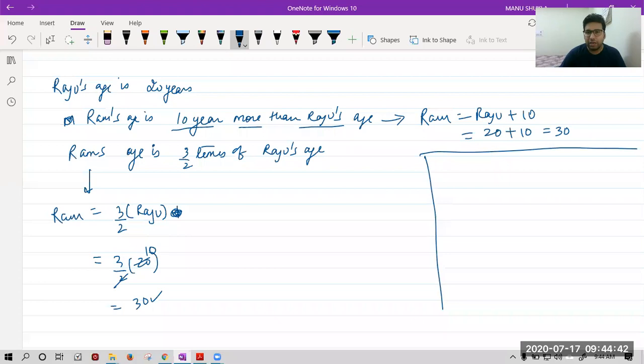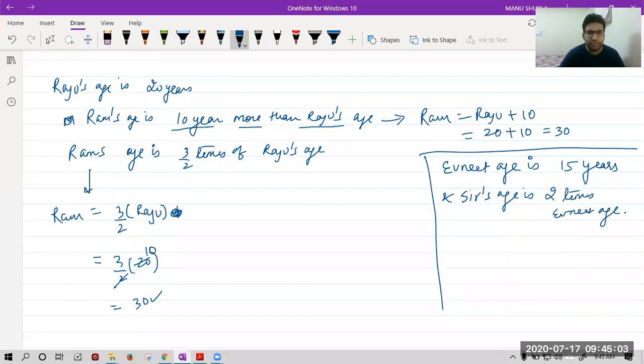Suppose Avneet's age is 15 years and Sir's age is 2 times Avneet's age. Now Avneet, tell me what is my age if my age is 2 times your age. Yes beta, now you are correct.